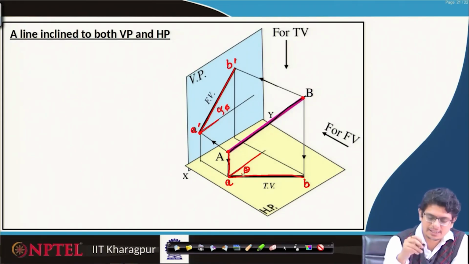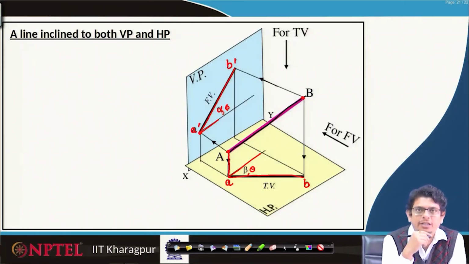These two angles, the beta or theta and alpha or phi, may be different in general. If that is the case, how to draw the projections of this line?